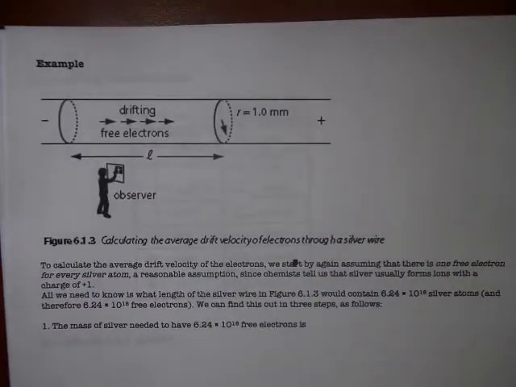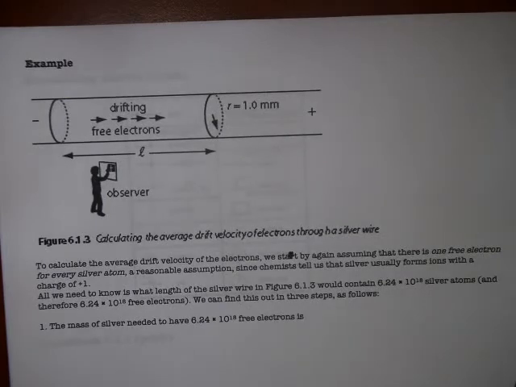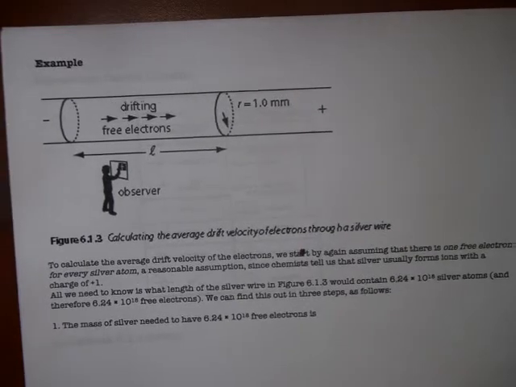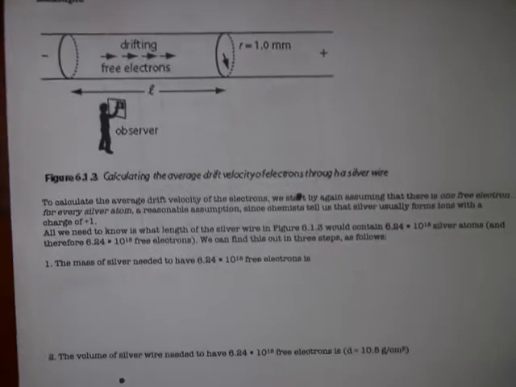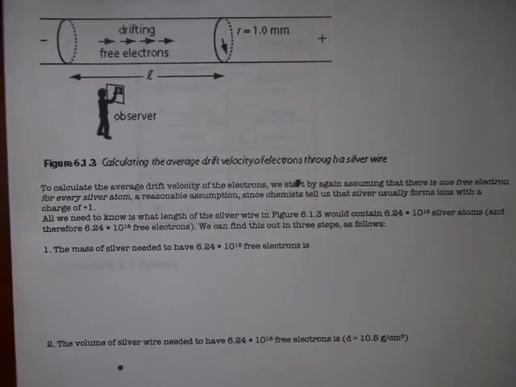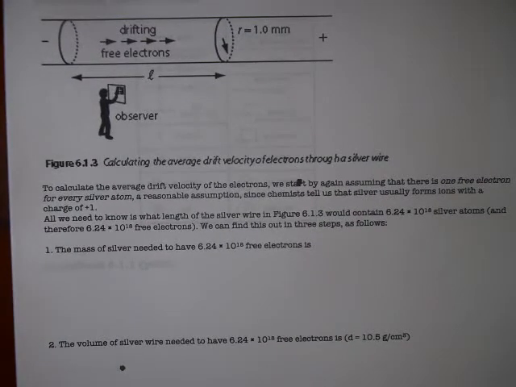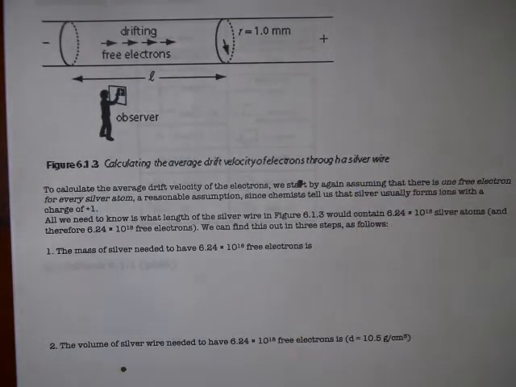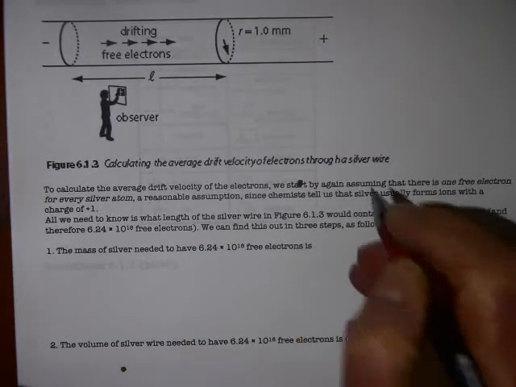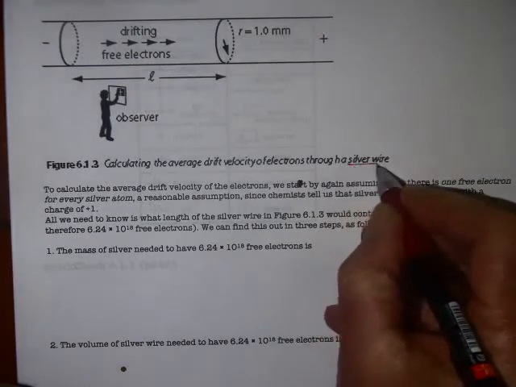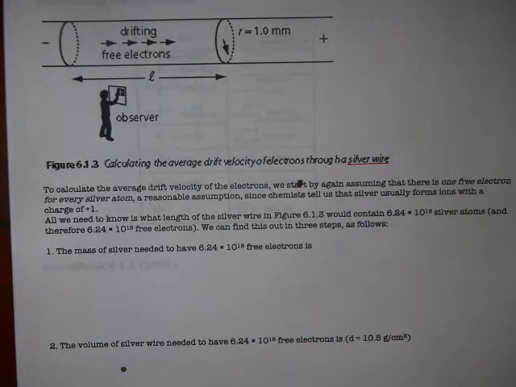So this is just kind of like a visual. Here's the problem. Calculate the average drift velocity of electrons through a silver wire. So that tells us what the identity is. So that's the first thing. Silver wire.